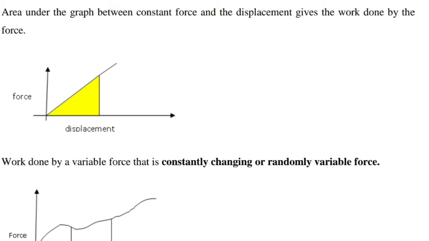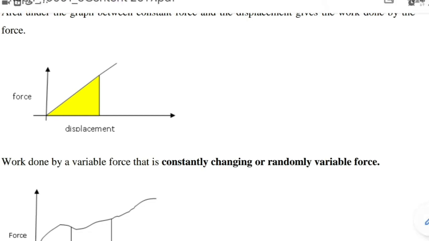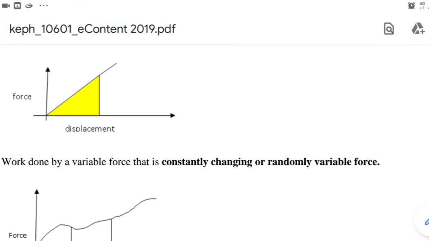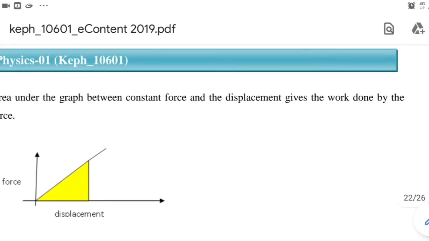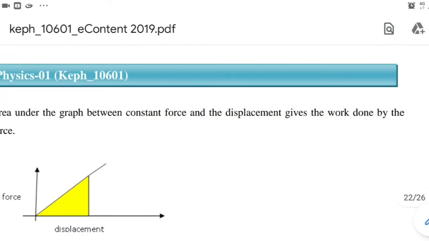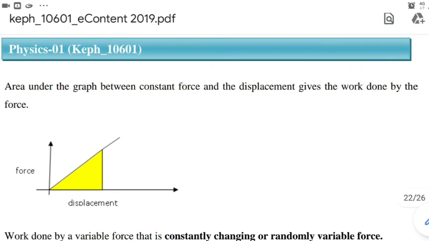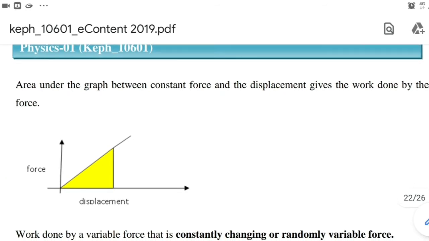To find the work done by the variable force, we can find the area under that graph. Here the shape of the shaded region is a triangle, and you can use the relation half BH. In the next graph, the force is constantly changing, and the change is a linear change.